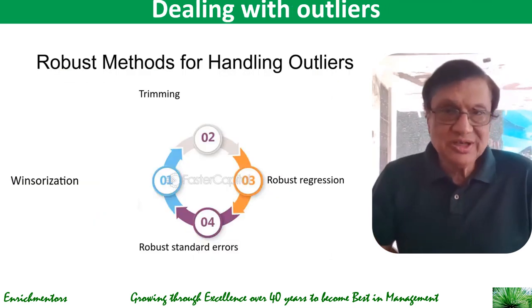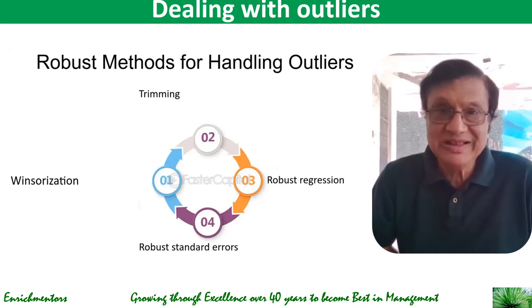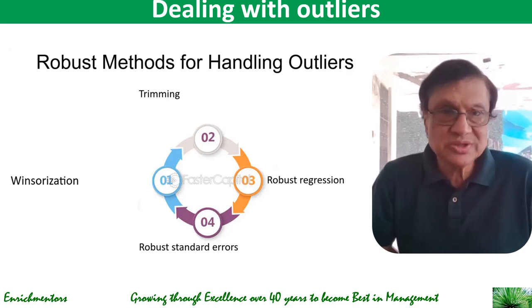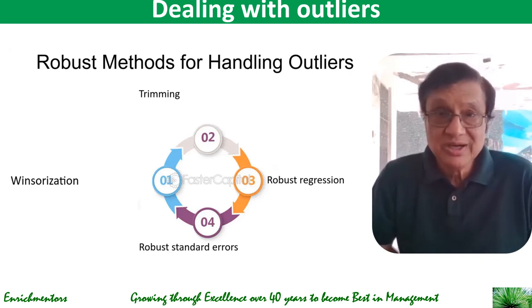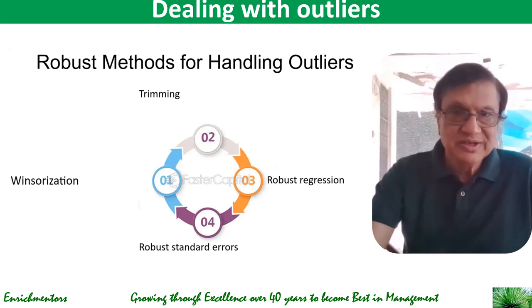So dealing with outliers, winsorization is a technique that replaces extreme values, that you saw minus 3z plus 3z kind of data, with less extreme values. For example, the 5% highest and lowest values can be replaced by the next highest and lowest values. Winsorization can help in reducing the effect of outliers on the analysis without removing the data points.